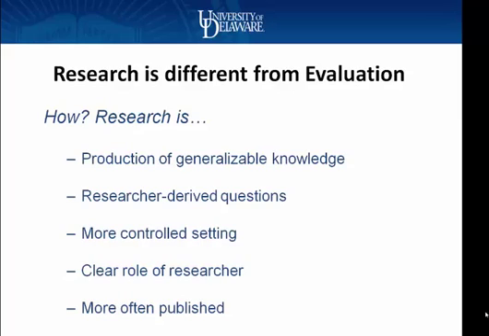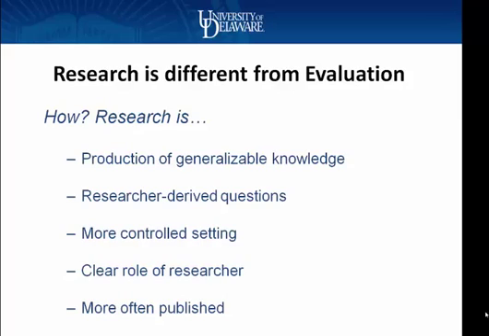So the purpose of research in general is different from evaluation because it's thinking about how do I make this generalizable to the larger population and not just referenced to a few select individuals or a region or a county or a town. These are usually researcher-derived questions. The setting is more controlled.